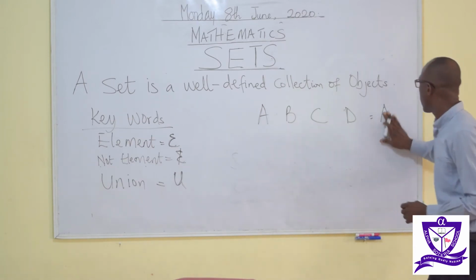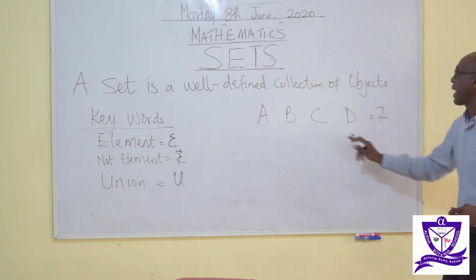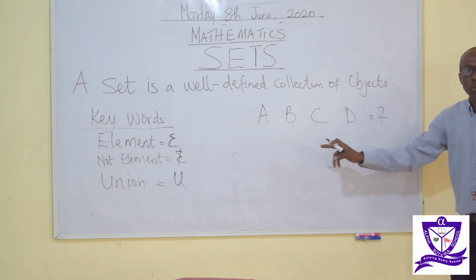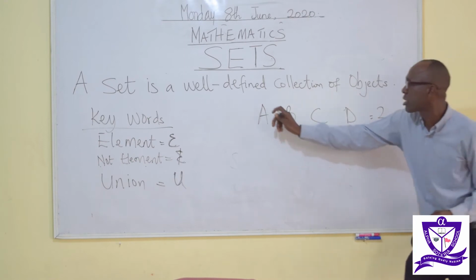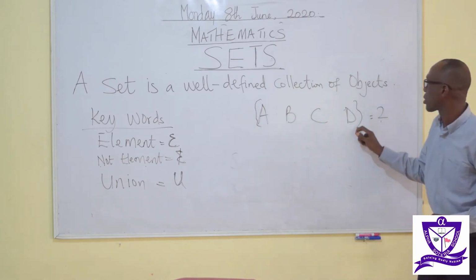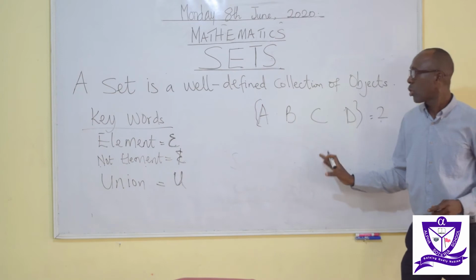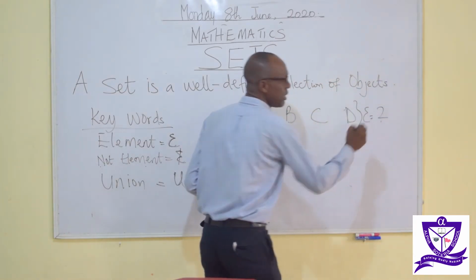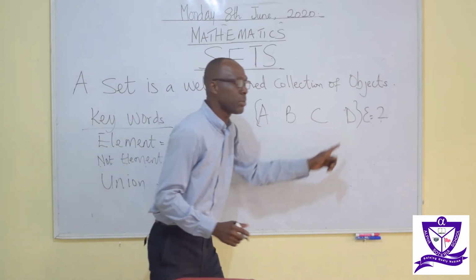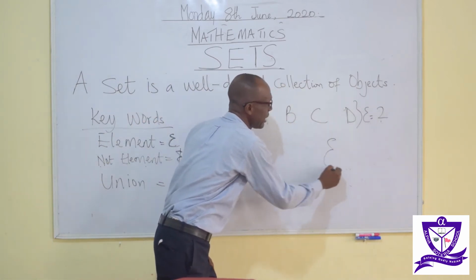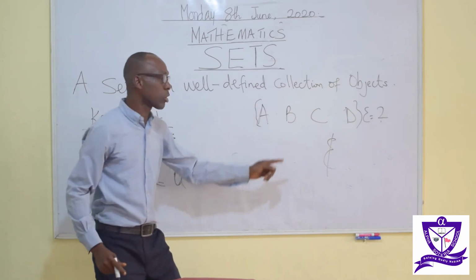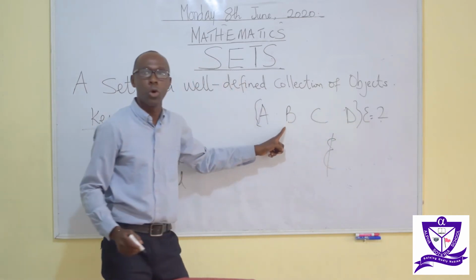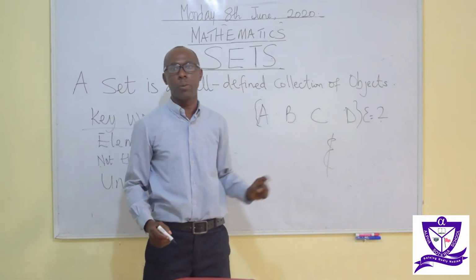Yes. But if I ask you, is 2 an element of this set? No, because 2 is not common to this particular alphabet. So an element will represent the letter E, and I put a cross because 2 does not belong to the alphabet group.